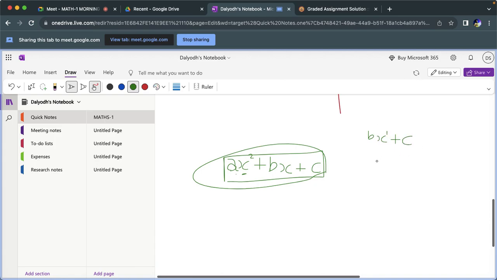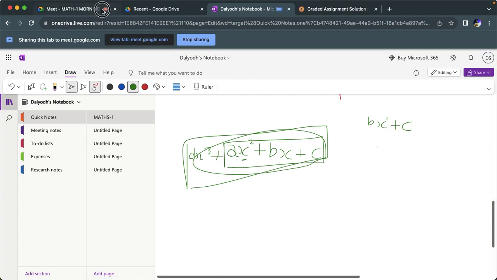If I also include dx cube, then it is known as a cubic polynomial, right? Is that fine for all of you?